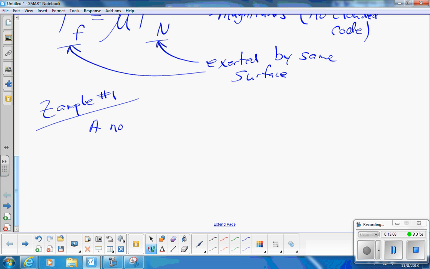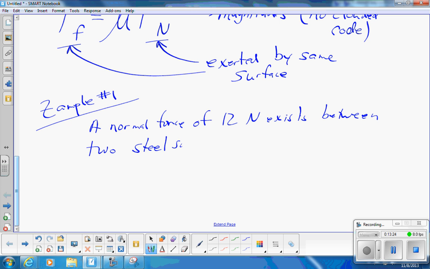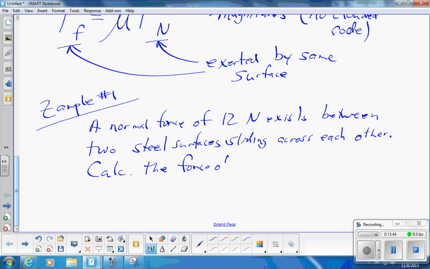A normal force of 12 newtons exists between two steel surfaces sliding across each other. This is a poorly worded question, but that's what you get. And then they say calculate the force of kinetic friction.